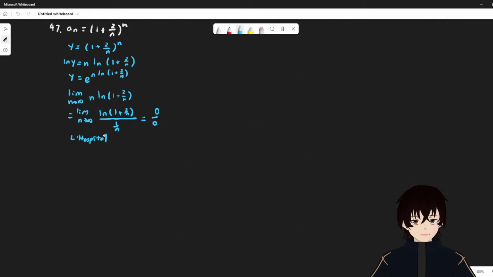So we got the limit as n approaches infinity of 1 plus 2 over n, times negative 2 n to the power of negative 2, over negative n to the power of negative 2.